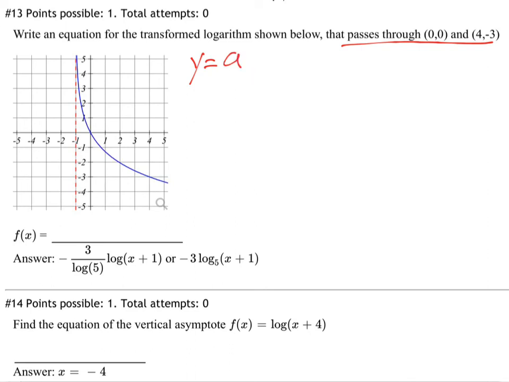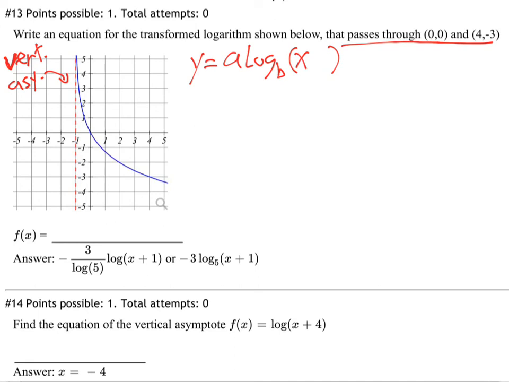Let's say a times log base b. And what has to be in the parentheses? Remember, look at the vertical asymptote line. Remember how the vertical asymptote lines work?